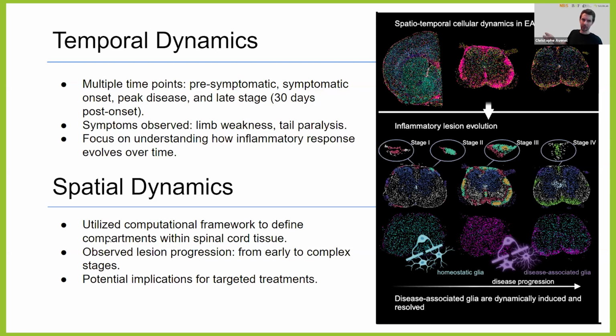Then they also observed the symptoms during these different stages, like limb weakness, tail paralysis, and so on, so that they could correlate the symptoms with the disease evolution.